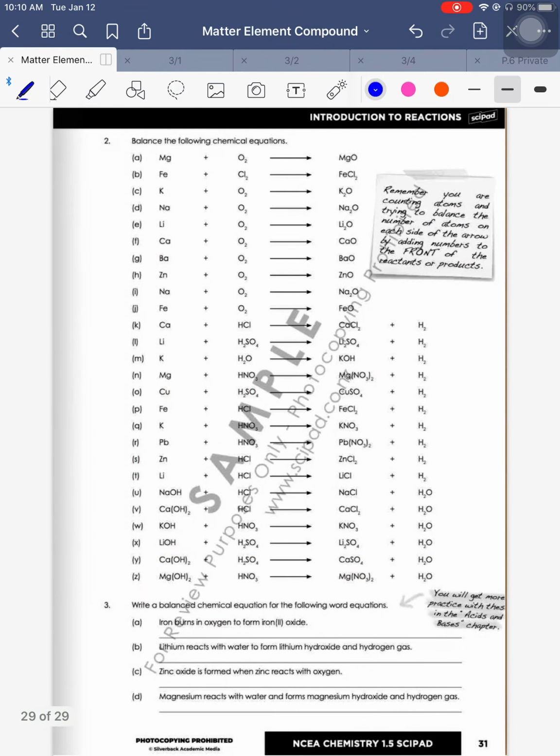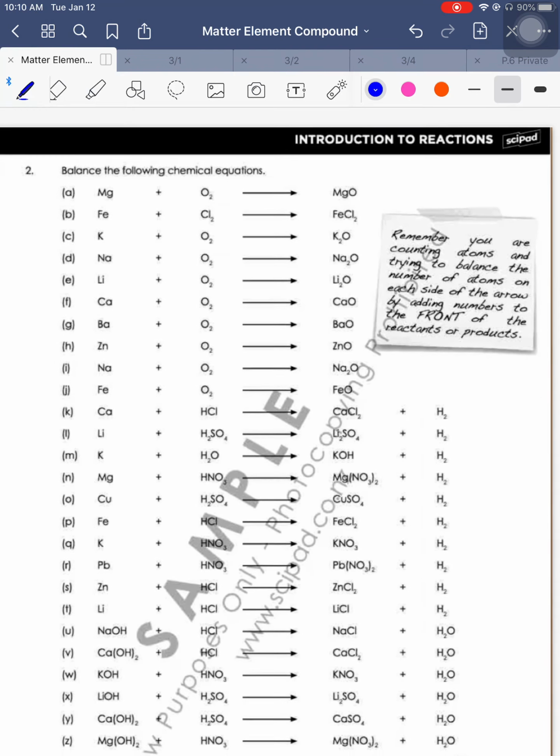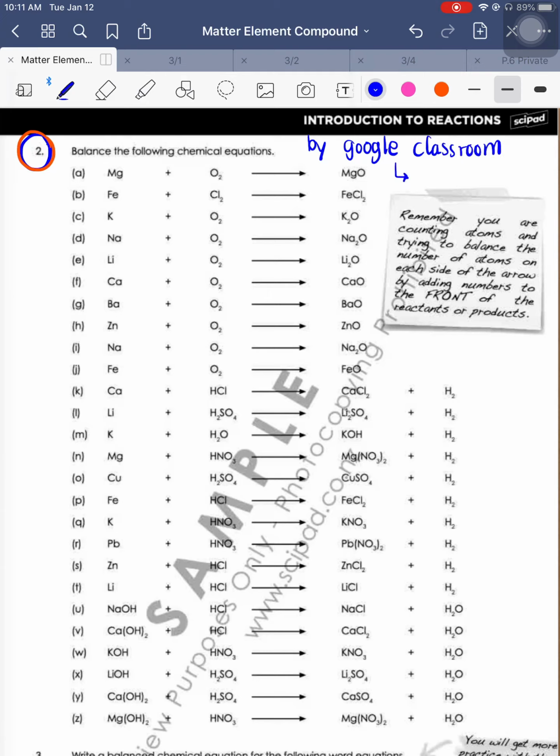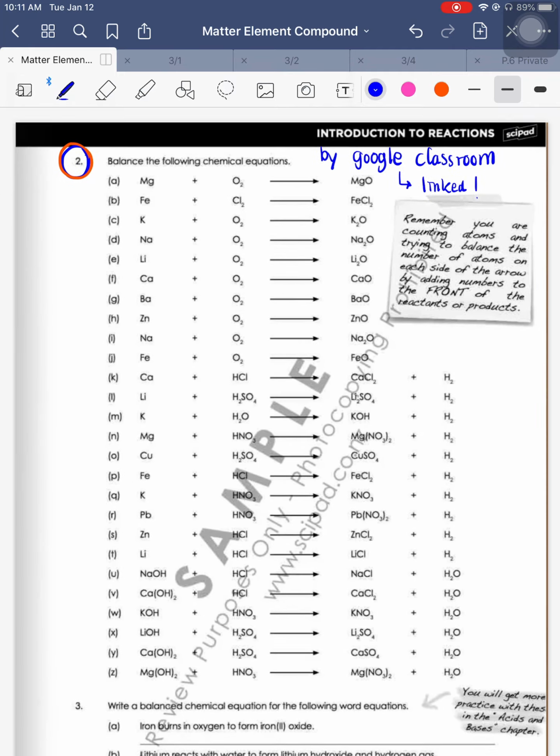I would like to assign you to complete example number 2 and send it to me by Google Classroom. I will send your link. You have to put your essay right here.